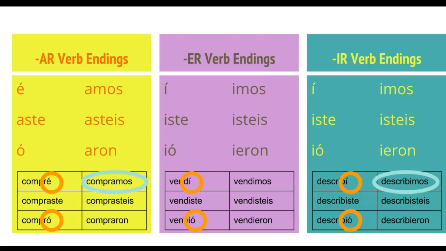Also, if you look at the nosotros forms of AR verbs and IR verbs, you'll notice that the preterite tense form looks exactly the same as the present tense form.